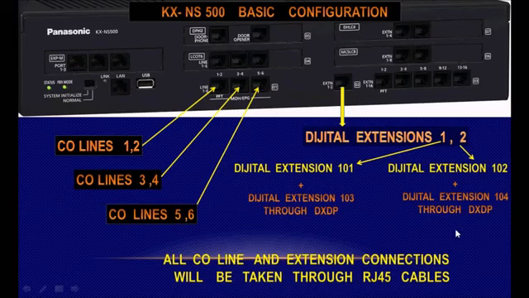They are two different extensions. All connections for CO lines, music on hold, and external pager use direct or standard RJ45 cables.